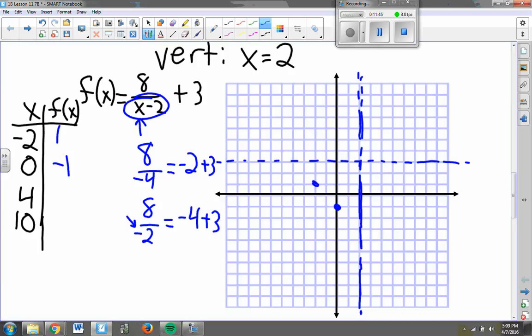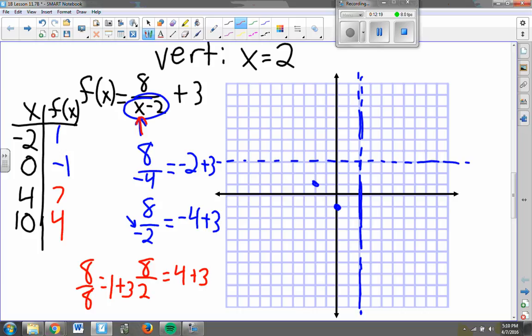Okay, that's interesting. If I put 4 in for x, 4 minus 2 gives me 8 over 2. That's 4. Plus 3 means 7. And then if I go out to 10, 10 in there, 8 over 10 minus 2, that's 8 over 8, which is equal to 1, plus 3 means that's 4.